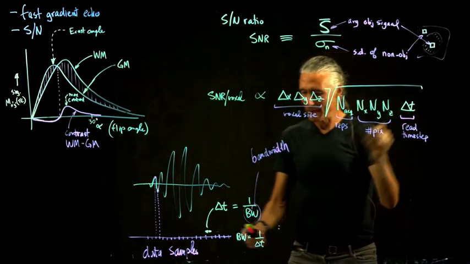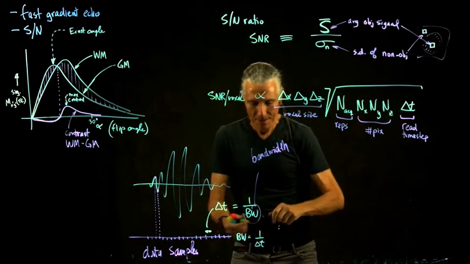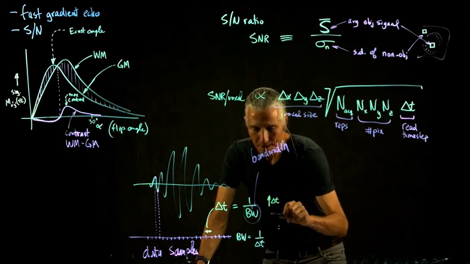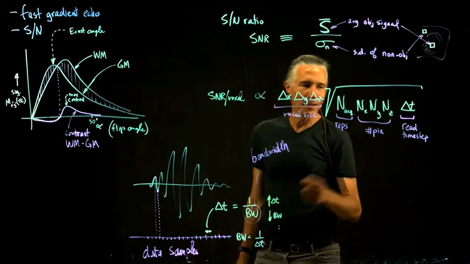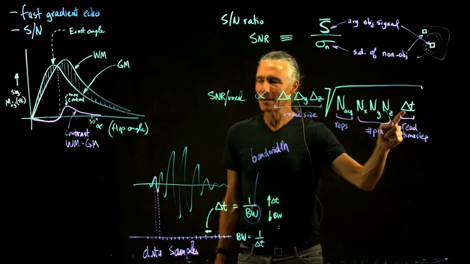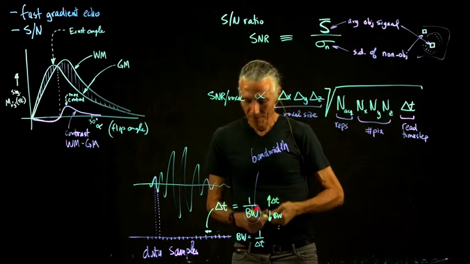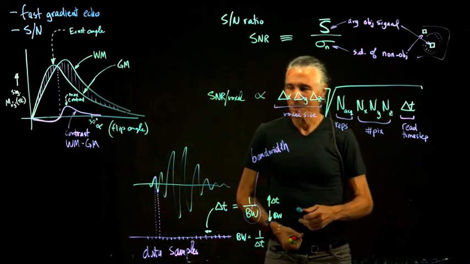What does shorter mean? Shorter means a higher bandwidth. So if we make delta t bigger, that means bandwidth is lower, but that turns out to be good. A bigger delta t, lower bandwidth, is more signal to noise. And why is this? And what does bandwidth mean?